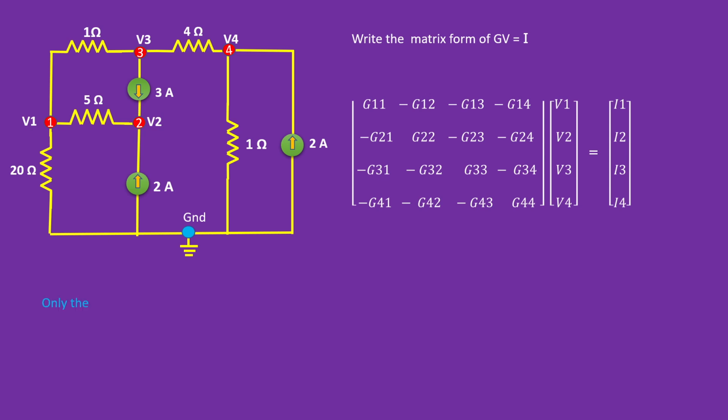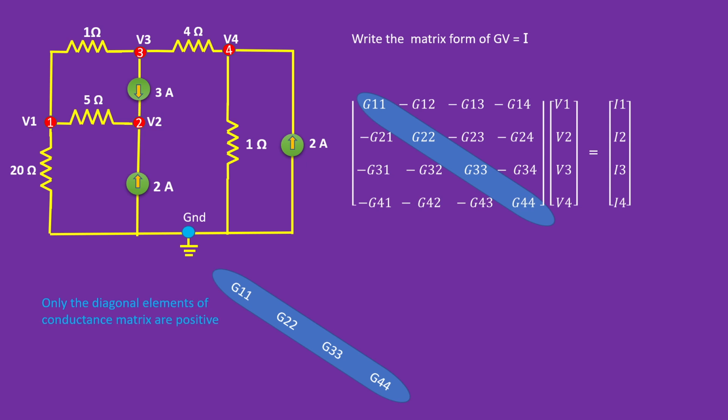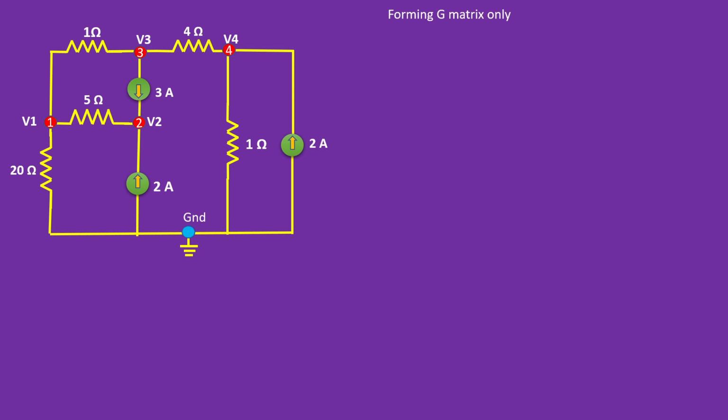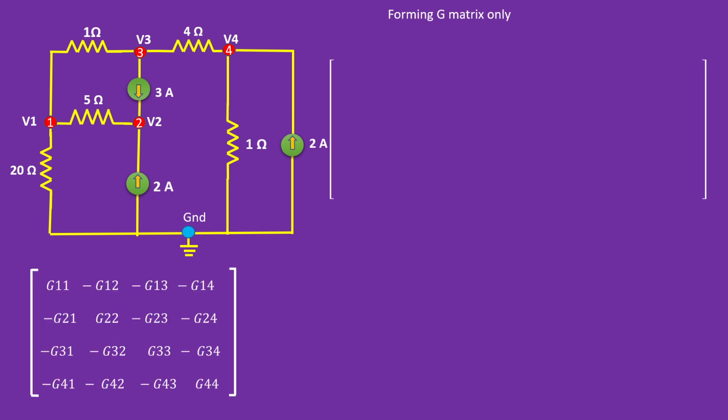We should also notice that only the diagonal elements of the conductance matrix are positive and the other elements on both sides are negative. By looking at the circuit given, we can easily form the G matrix in one shot itself.